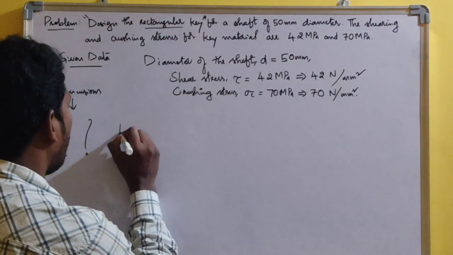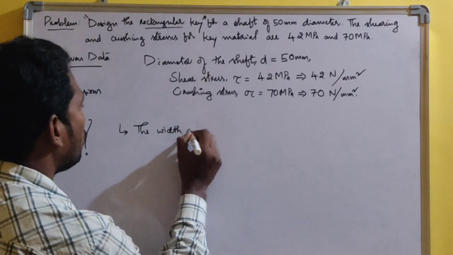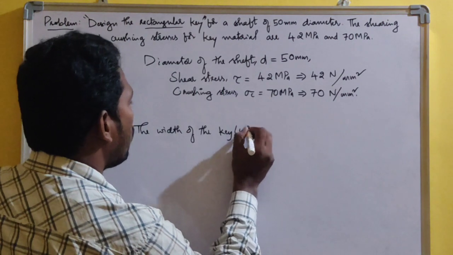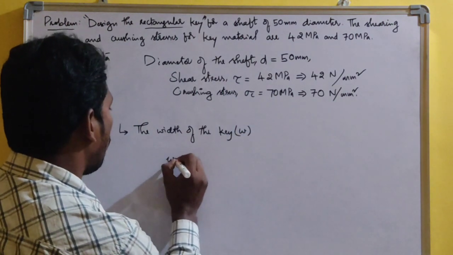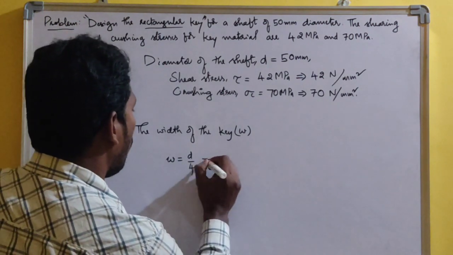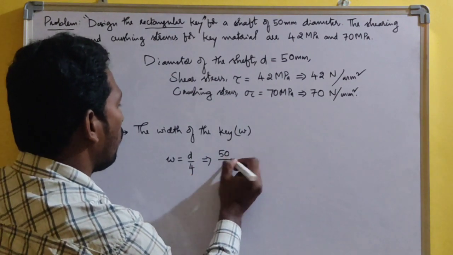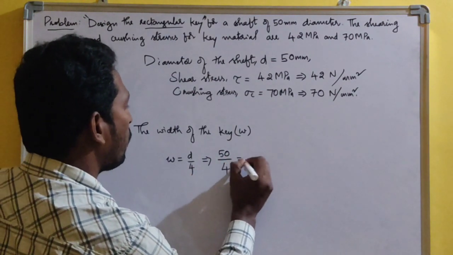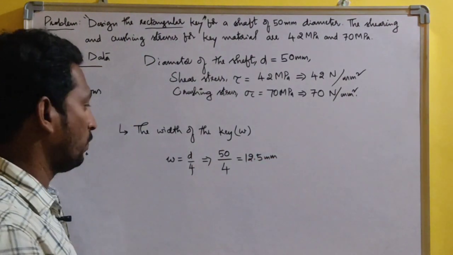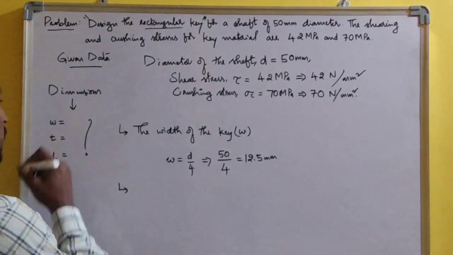So let us write: the width of the key, small w, equal to d by 4. Then what is the value of d? d value equal to 50, 50 divided by 4 is 12.5 mm. Okay, and the next dimension is thickness.